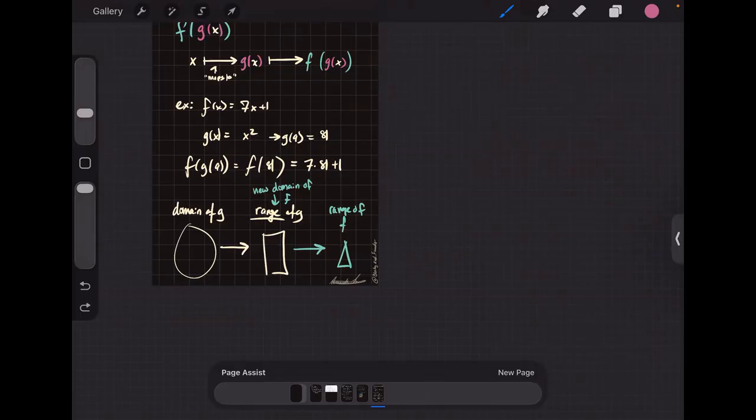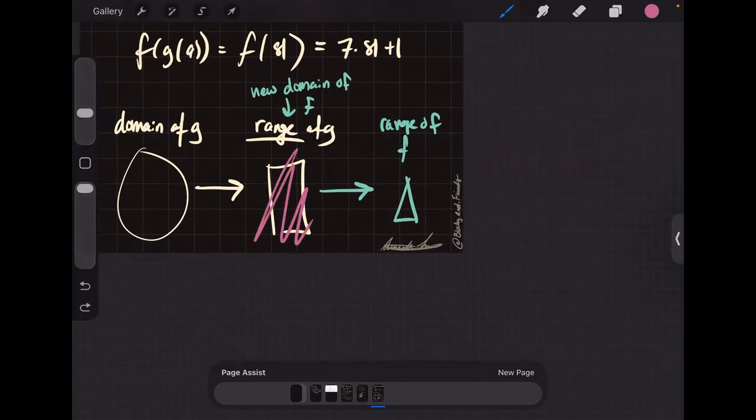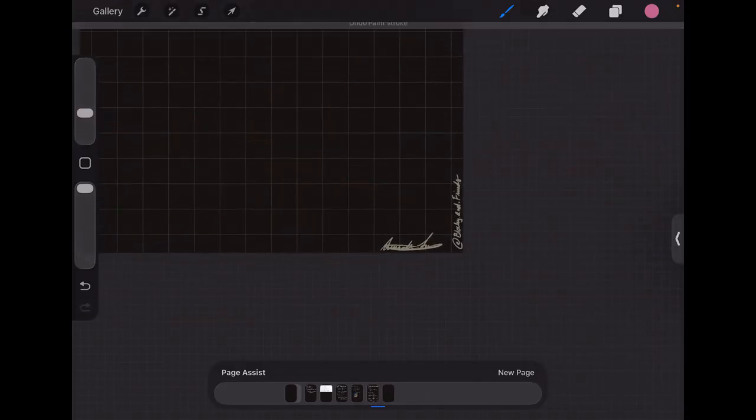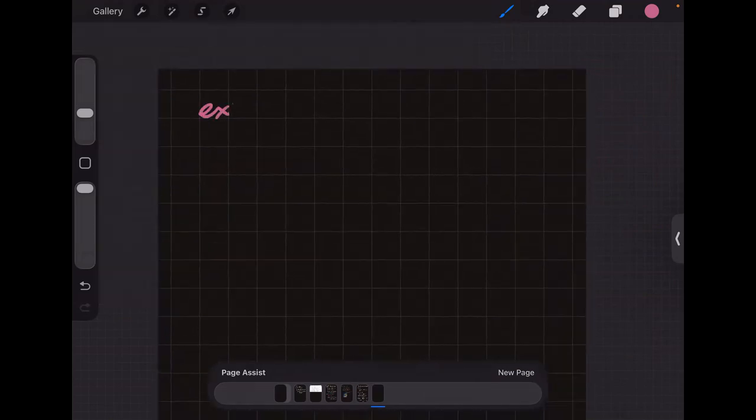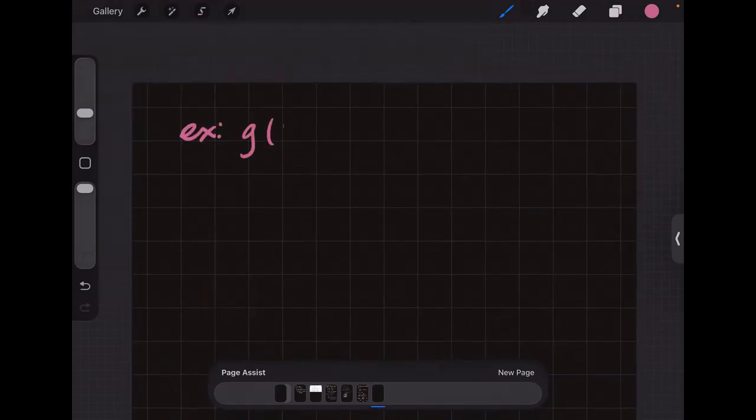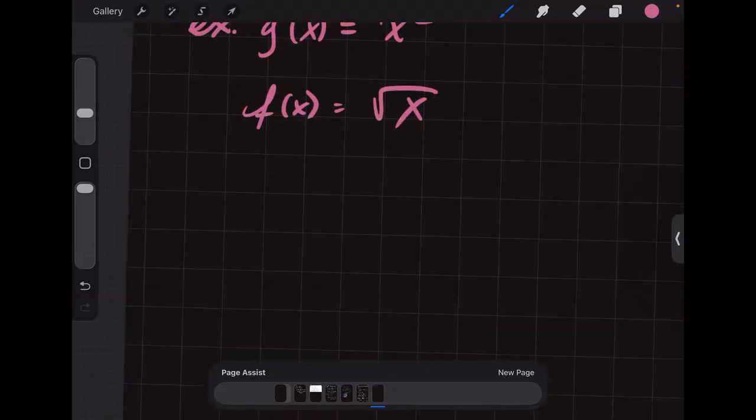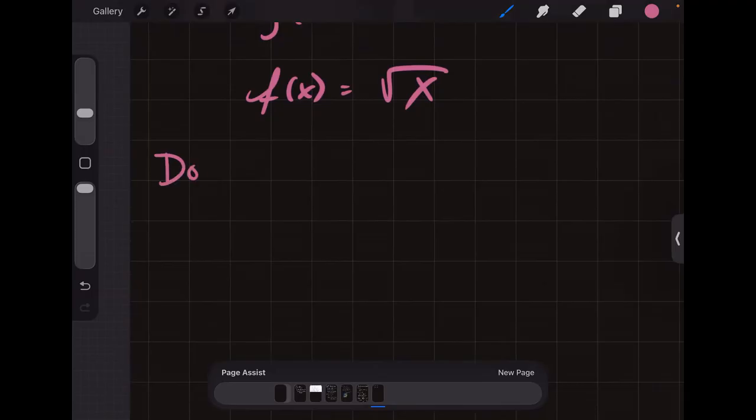Obviously, sometimes not everything will map nicely. So, for example, let's say g of x is equal to x squared, right? And f of x is root x, right? So the domain of g is all real numbers, right?